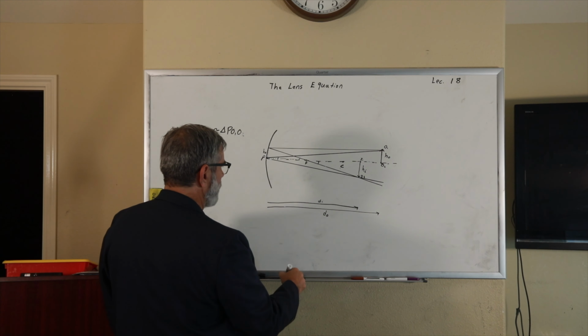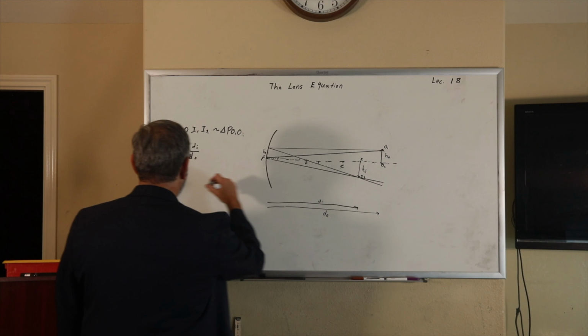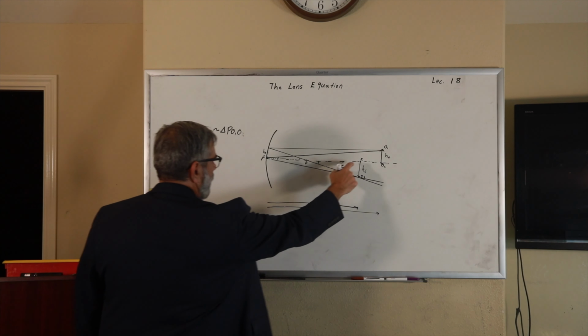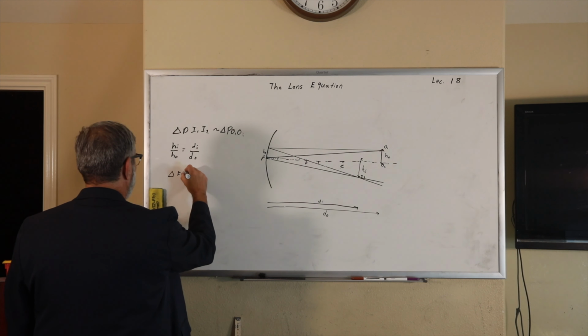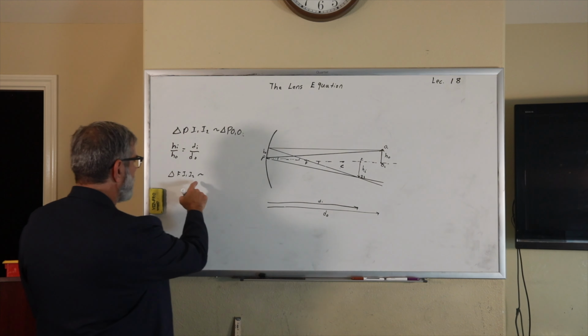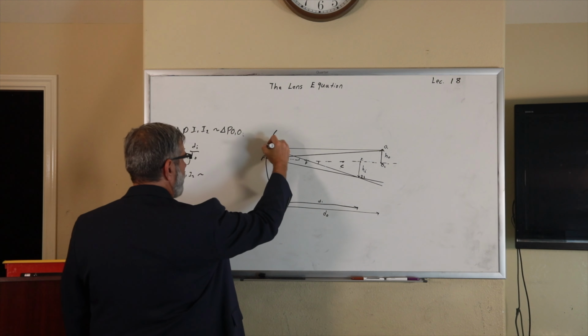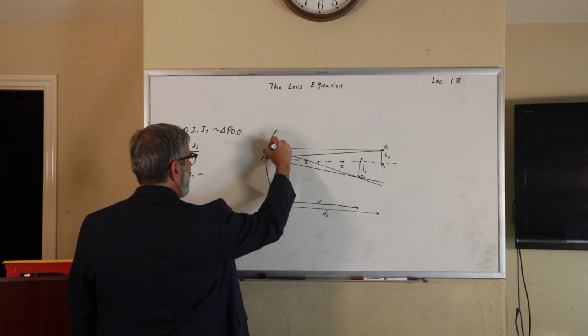So now we're going to consider the triangle F, I1, I2. So that is similar to, I need to label this point right here, which I'm going to just call alpha, just because we need a name for it. This is similar to F alpha P.